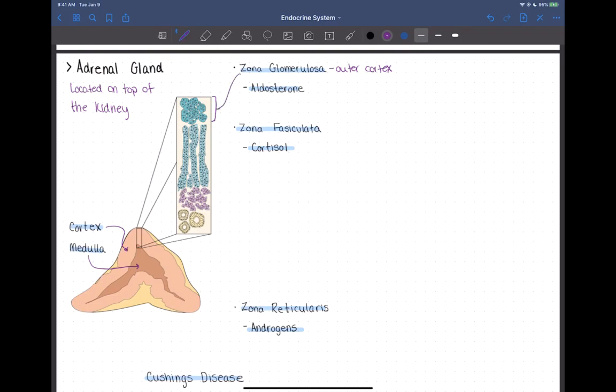All right, and so these cells in that zona glomerulosa are going to be involved in maintaining mineral balance. And so they're called mineralocorticoids, and they function in maintaining mineral balance.